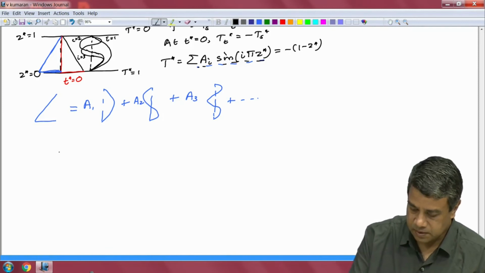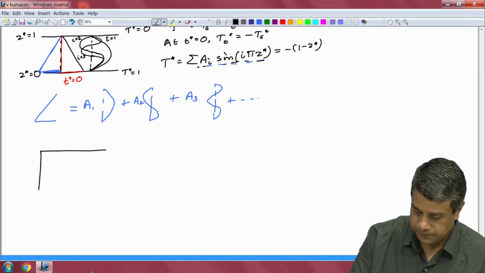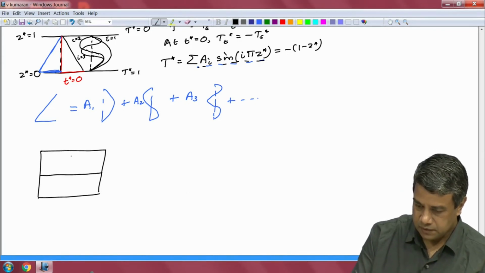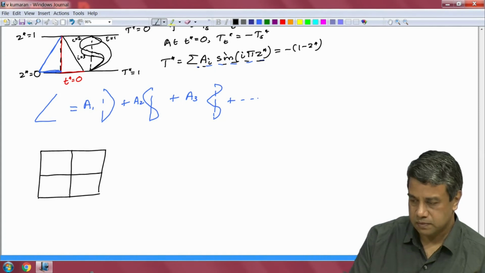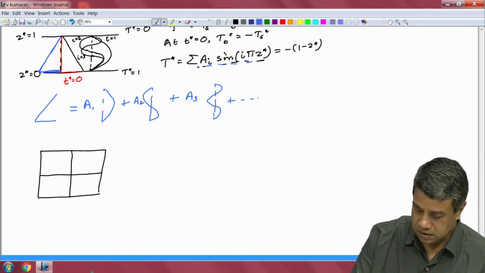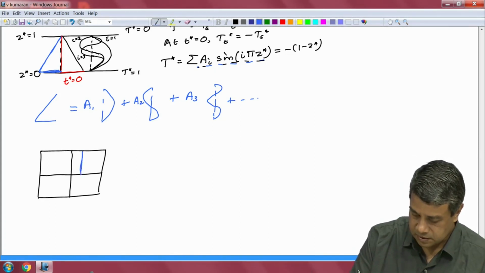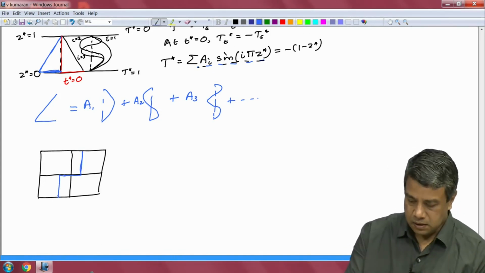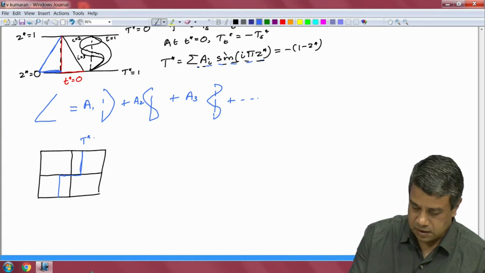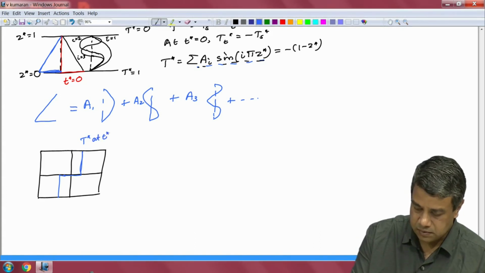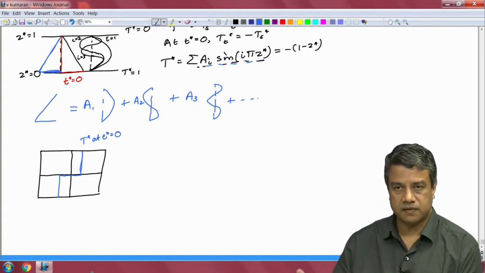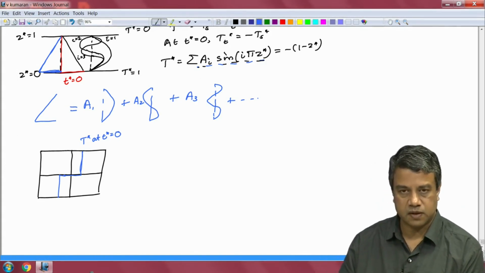Similarly, for the second problem that we had, the final temperature was just a constant value. The initial temperature was something like this. When I expressed T star at T equals 0, that was the initial condition. It was plus 1 for the top half, minus 1 for the bottom half.